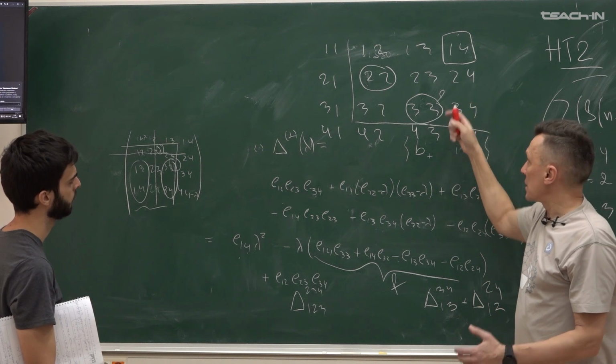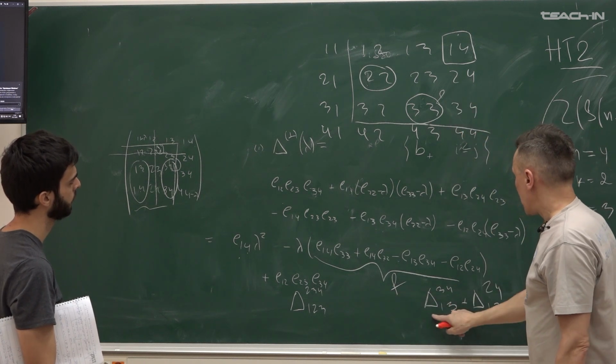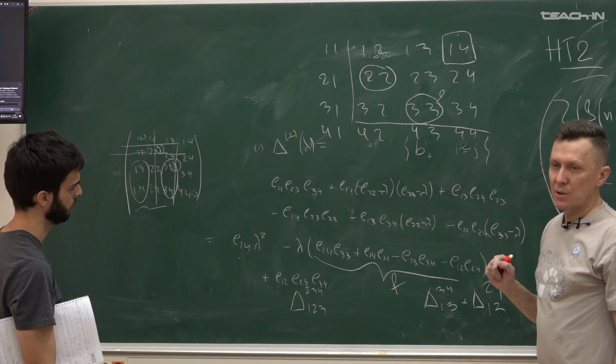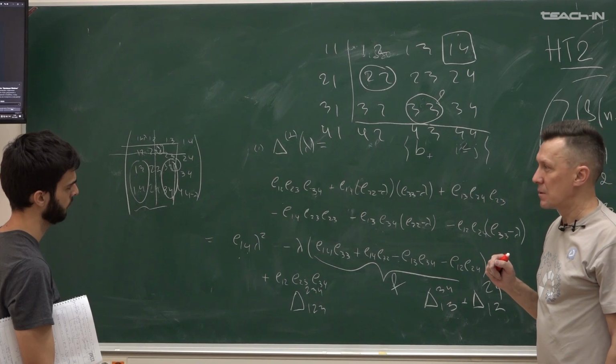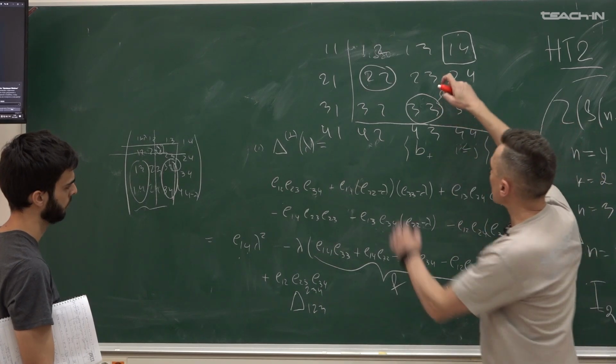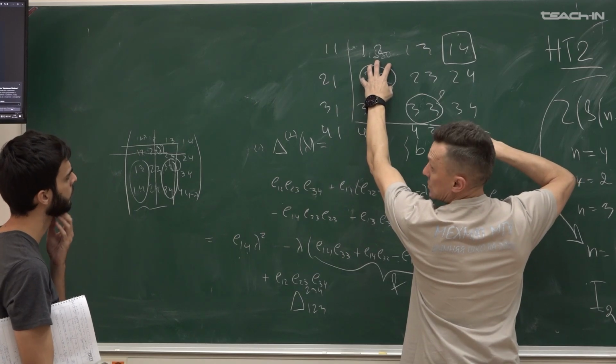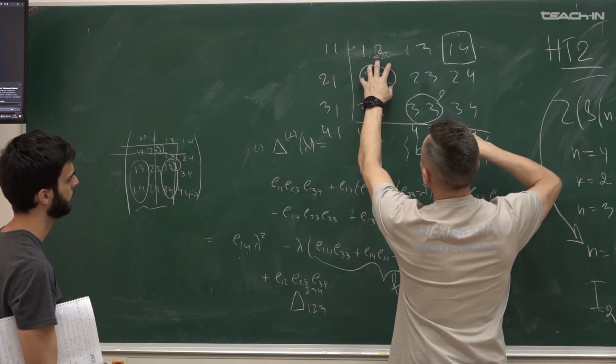My statement is that these minors are elements of the nilpotent subalgebra. Then you consider such the algebraic complement to this element.